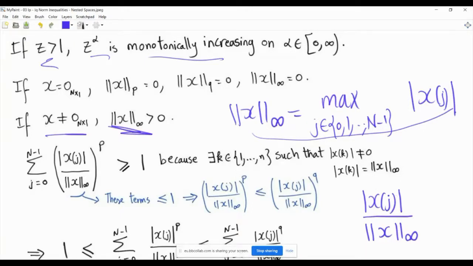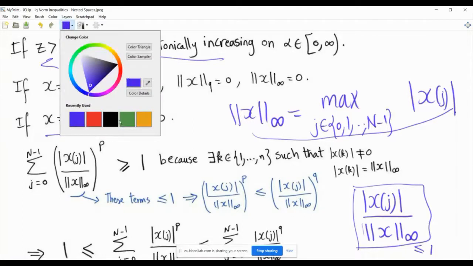This term alone is less than or equal to 1 by definition, because the L infinity norm is the maximum magnitude. You will get a 1 if j is the index of the element with the maximum magnitude living inside the vector.